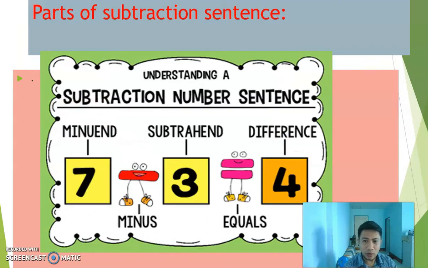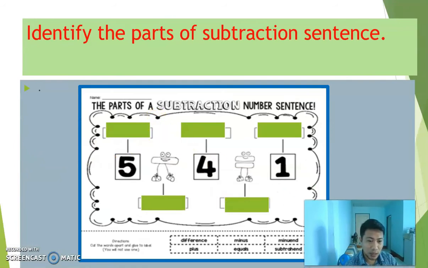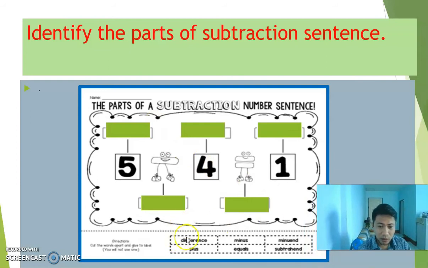Again, as you recall, we have your minuend, subtrahend, difference, and of course the two symbols here, the minus sign and the equal to. So I think it's time for you to answer my questions here. Okay, identify the parts of your subtraction sentence. Make sure that you know how to spell it properly. And by the way, there are options here below.